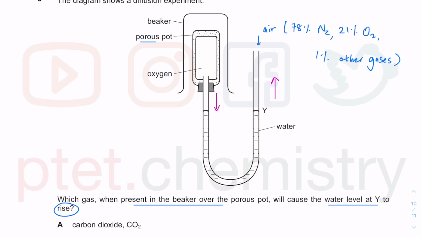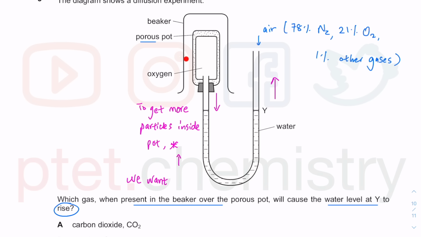But if I want the pink color to go up, this has to come down, then this will go up. The reason for this to come down is when there are more gaseous particles inside the pot. So what must happen?